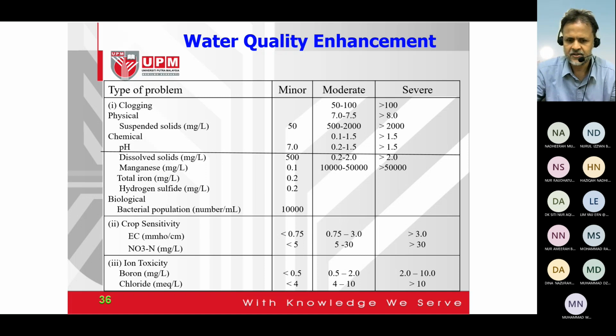Just for understanding, what is the submain? Submain means, let's say your water source is here. Just 2 minutes, I can explain this one. This is the water source, so you have a pump here, and you have area. Let's say you have one field here, another field here, another field here, another field here.